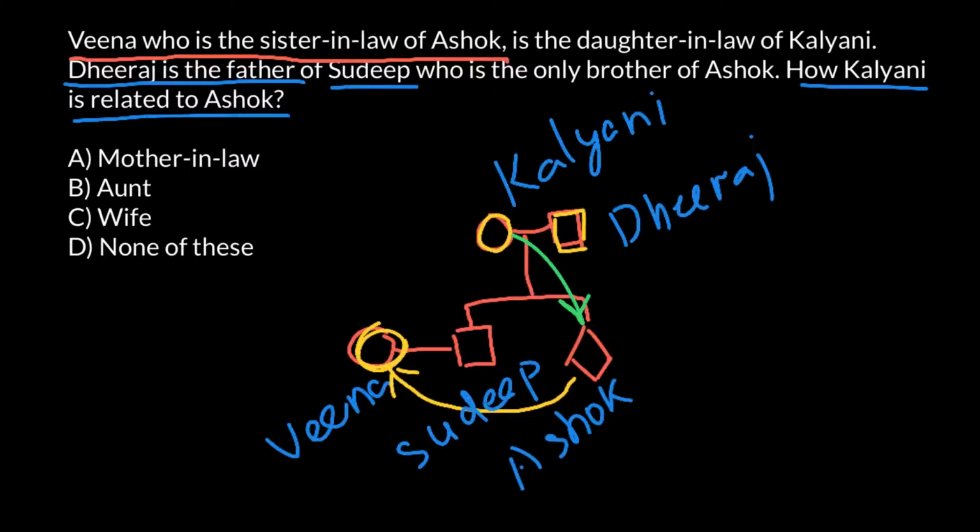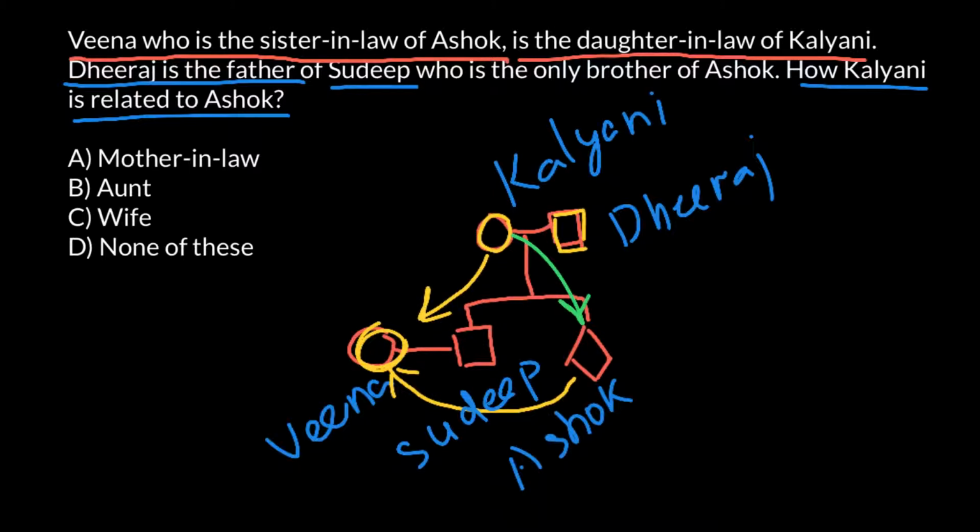Again, let's review all the connections. So Veena, who is a sister-in-law of Ashok, and we see that Veena, being a wife of the brother of Ashok, is a sister-in-law of Ashok. She is a daughter-in-law of Kalani, as you see.